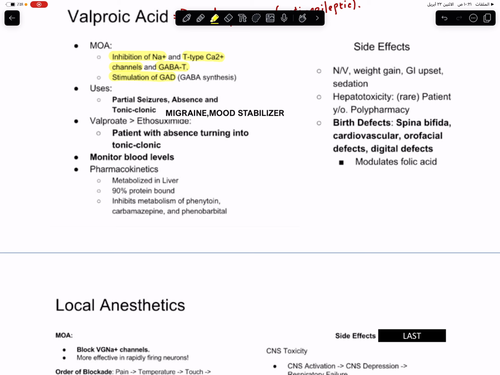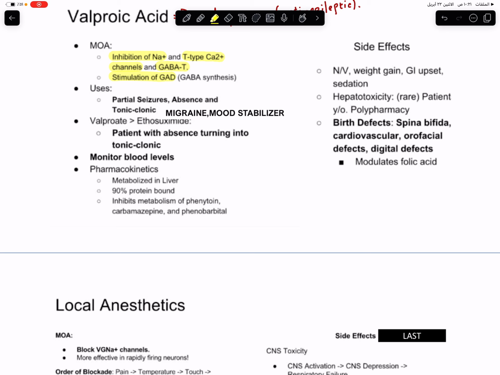Okay. There are two other uses, and I mention them for a reason, because sometimes you will find patients in your clinic who say that they use this drug, valproic acid. Naturally, what comes to your mind is that the patient might be suffering from epilepsy.